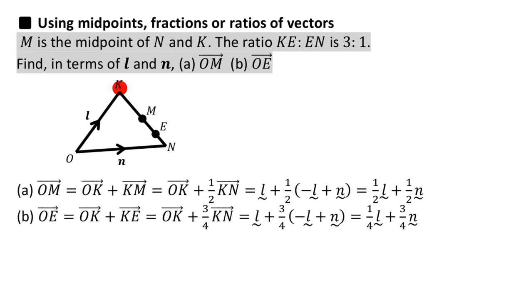The vectors are like train tracks. If you're a train and you want to get from K to N, you have to follow the train tracks. You can't just go through some field if there's no train tracks there.